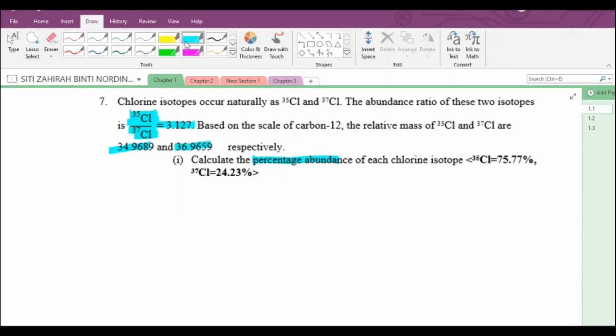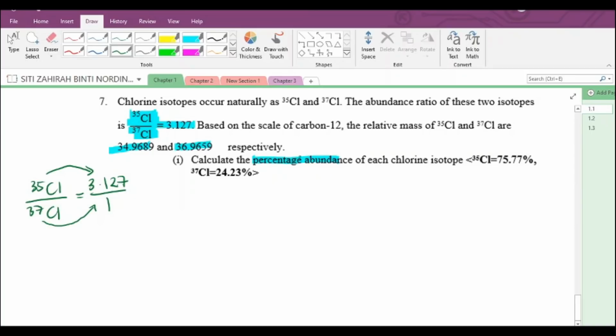Again, like question 2, if I'm not mistaken, the ratio should be written 35 Cl over 37 Cl equals 3.127 over 1. So the abundance for 35 Cl is 3.127, and for 37 Cl, the abundance is 1.